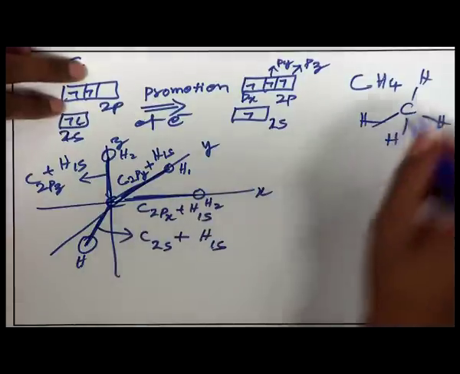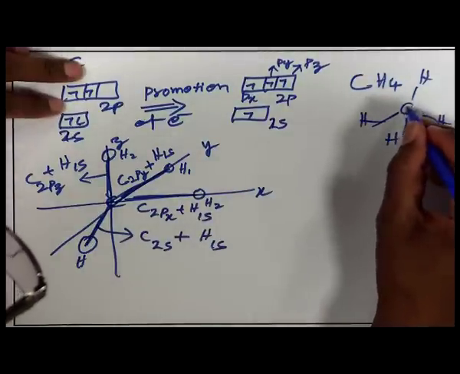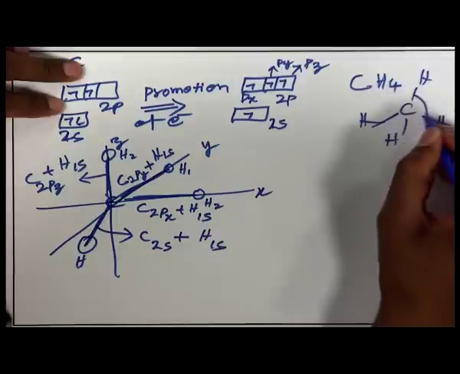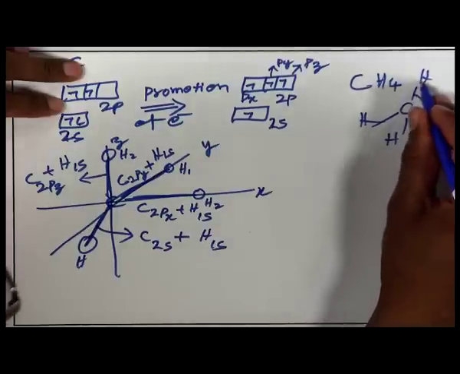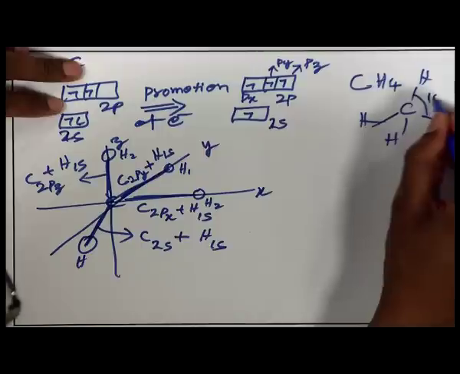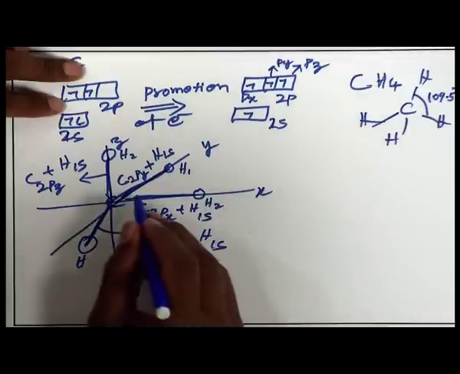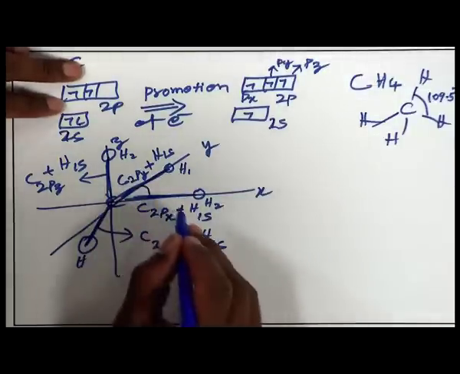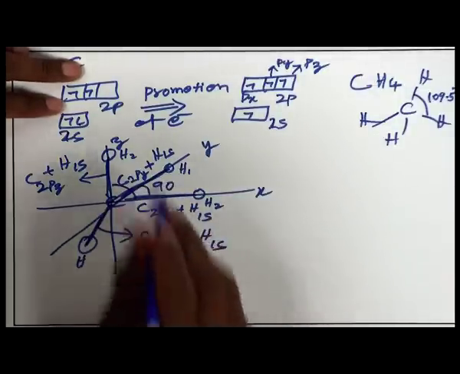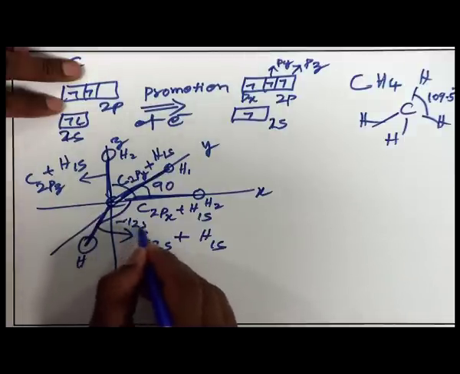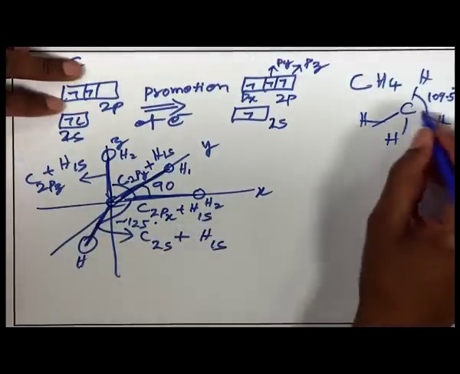Now, you know that the geometry or shape of the molecule is tetrahedral, and the angle between these 2 hydrogen atoms, this angle, is 109.5 degrees. But if you look at the angle here, the angle between these 2 axes is 90 degrees, but here it is around 125 degrees.